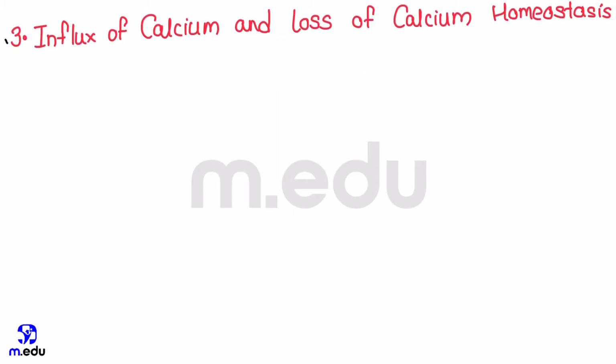So now we move on to the third point, which is the influx of calcium and the loss of calcium homeostasis. Normally, the concentration of the cytosolic calcium is low and most of it is hidden away in the mitochondria and the endoplasmic reticulum. But when ischemia and certain toxins are present in the body, it results into the increased cytosolic calcium levels.